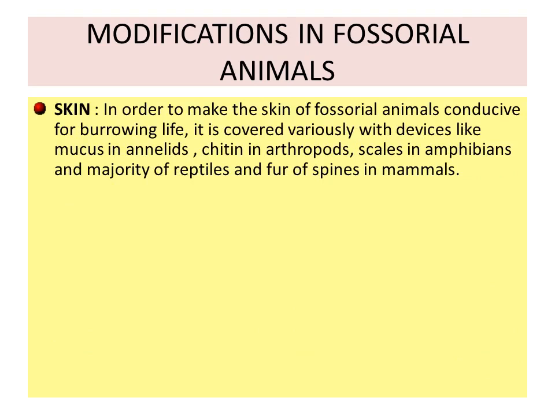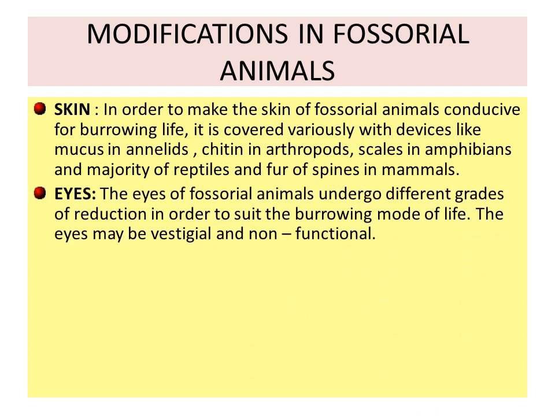In order to make the skin of fossorial animals conducive for burrowing life, it is covered variously with devices like mucus in the case of annelids, chitin in arthropods, scales in amphibians and the majority of reptiles, and fur or spines in mammals.